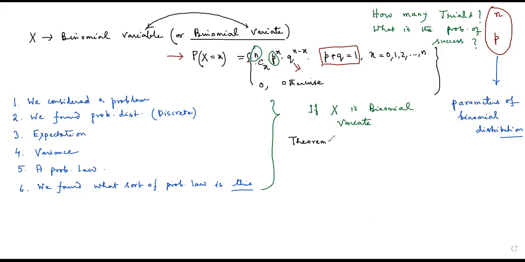It says that if X is a binomial variate with parameters n and p, parameters must be mentioned, then expectation of X is given by the formula n into p, and variance of X is given by n into p into q.